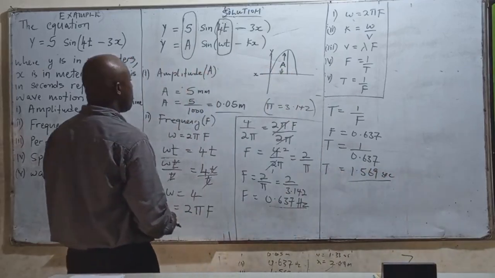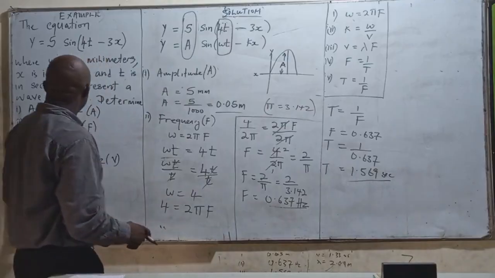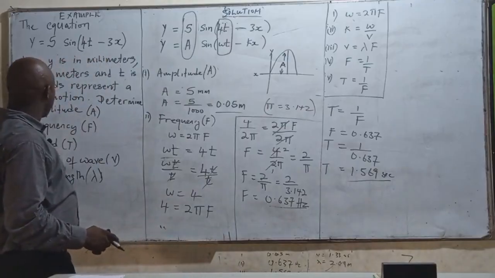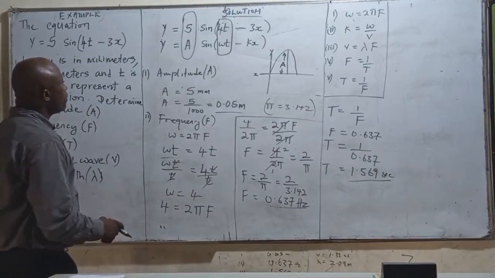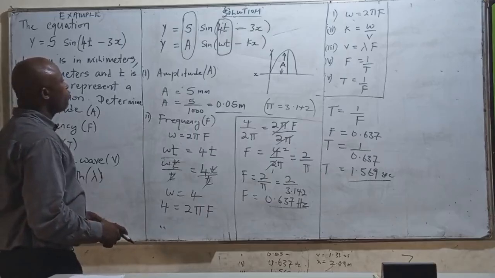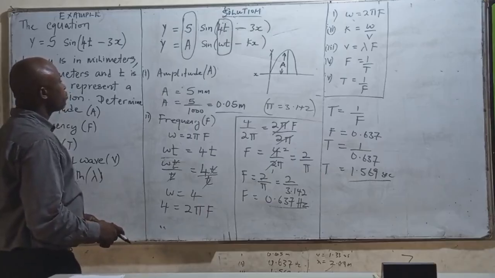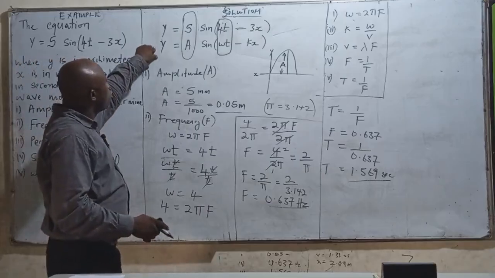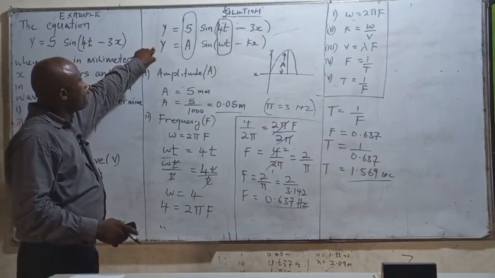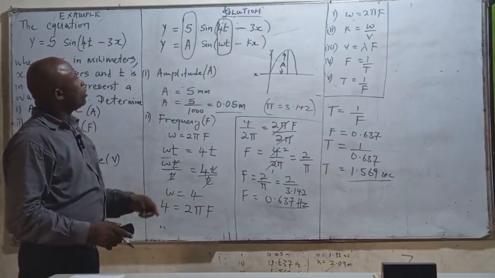So that's our T. The next question asks us to solve for the speed of the wave, v. Again, we go back to our equations.